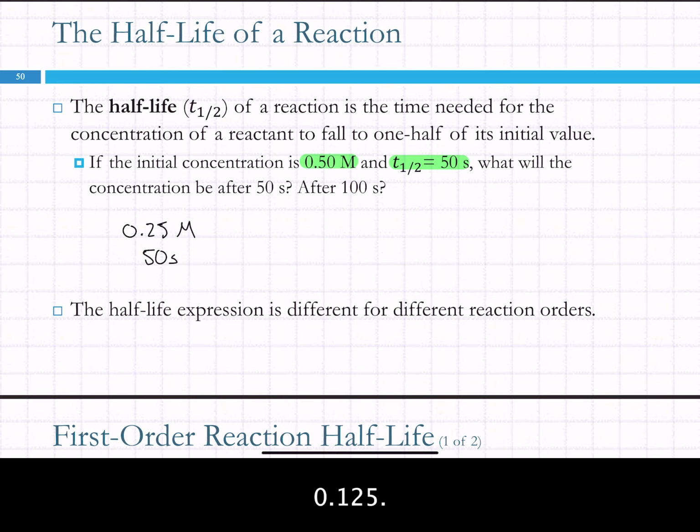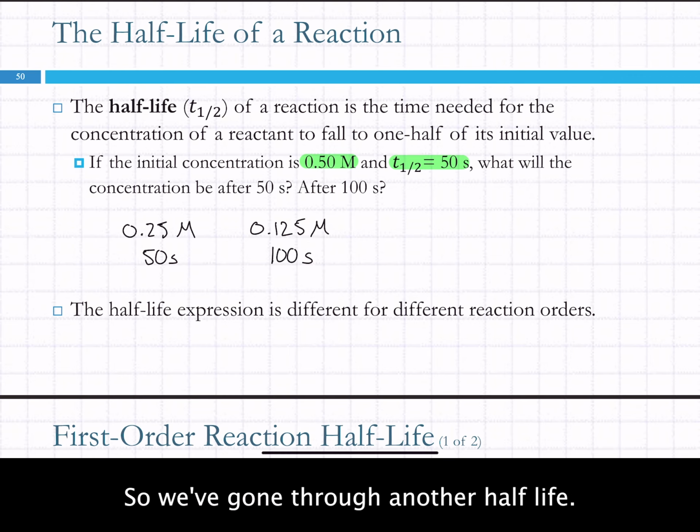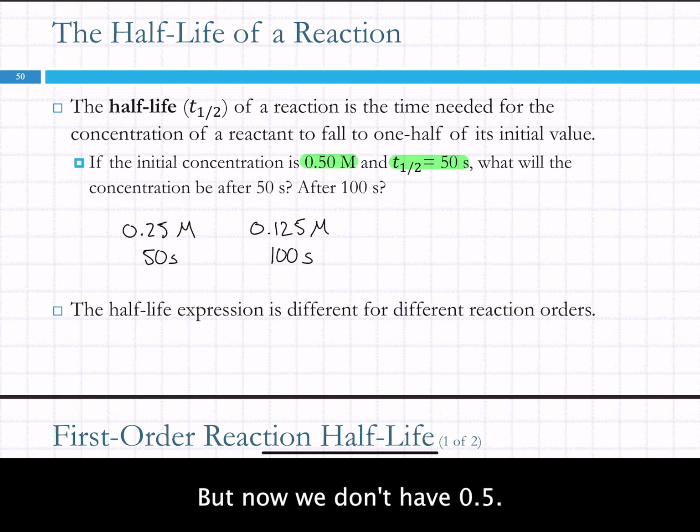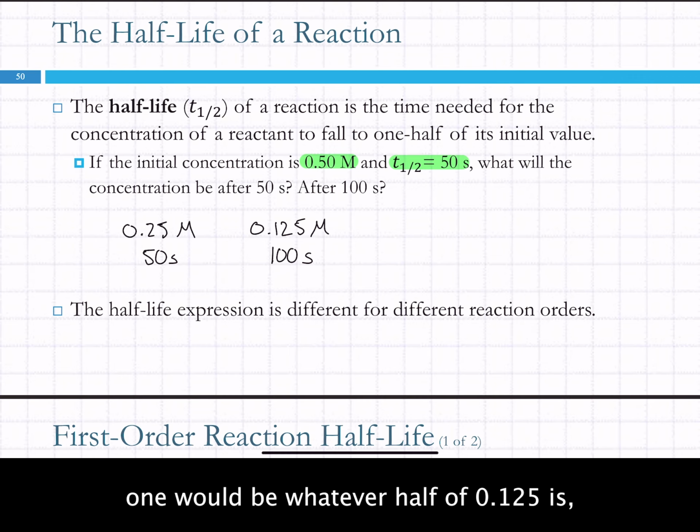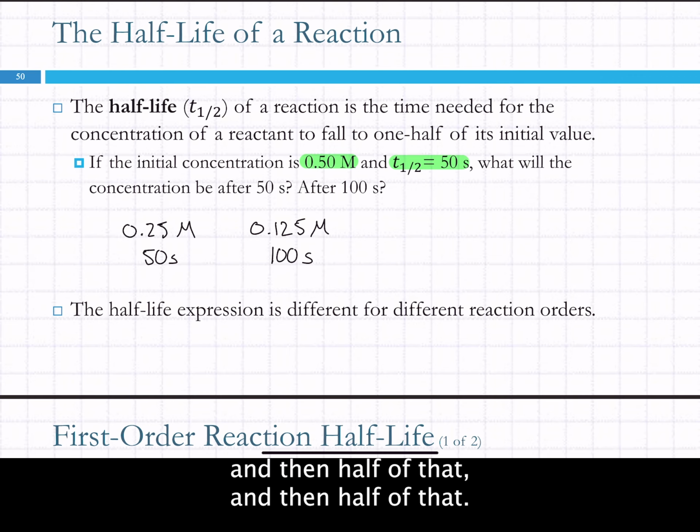Yeah, 0.125, because it's always half of the previous value. So we've gone through another half-life, but now we don't have 0.5. We're starting from 0.25, so it's half of that again. And then the next one would be whatever half of 0.125 is, and then half of that, and then half of that.